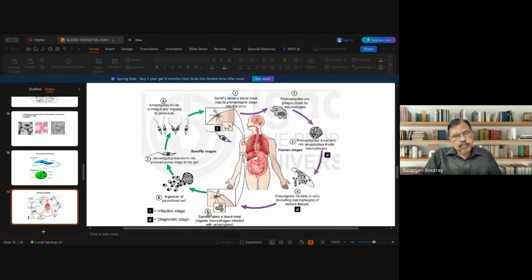Because it requires a lower body temperature, and this lower body temperature is provided by the sandfly, which is a cold-blooded animal like all other insects. So if these are not taken up by the sandfly, they will not develop, because their further development into the amastigote form requires the lower body temperature.